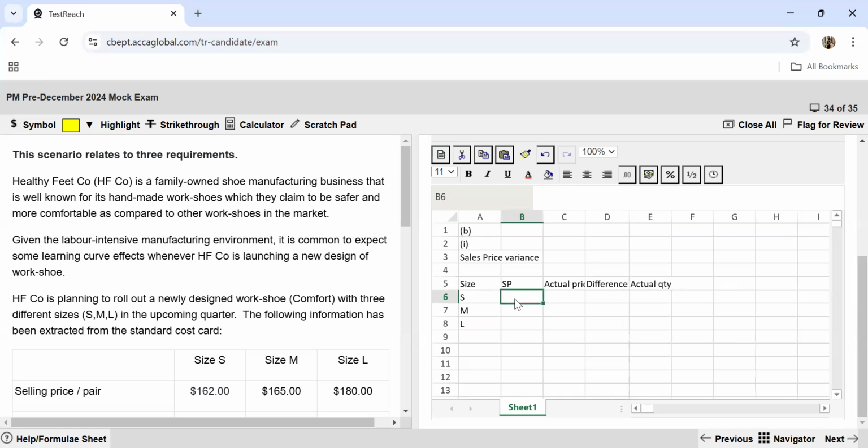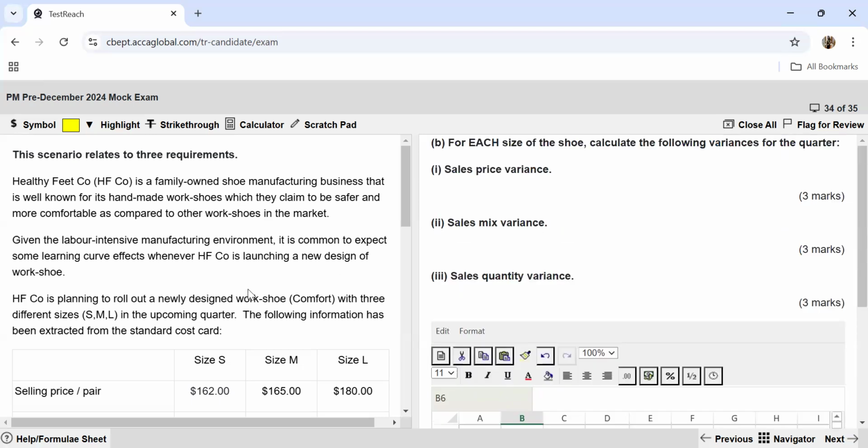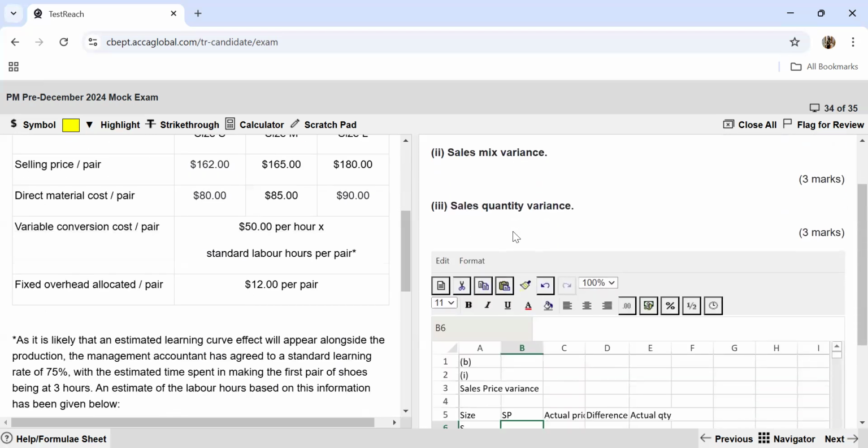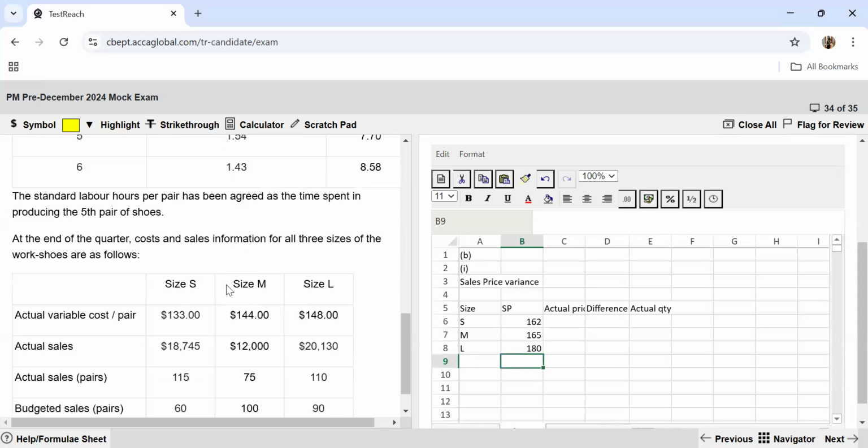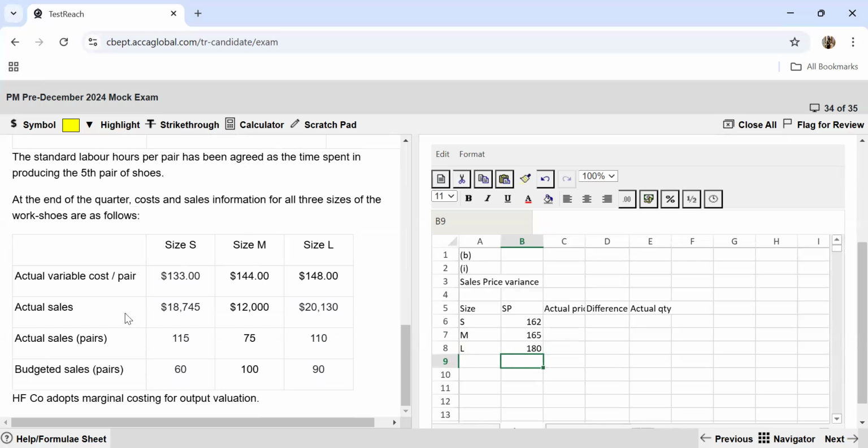So I'm going to take the selling prices which we had budgeted. These were the selling prices per pair that we had budgeted: 162, 165, and 180. This is what we had budgeted. What are our actual selling prices looking like? Actual sales have been given to us, and we are also given the actual sales units. So we can find out the actual selling price this way.